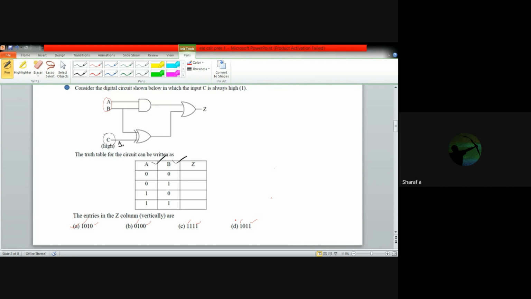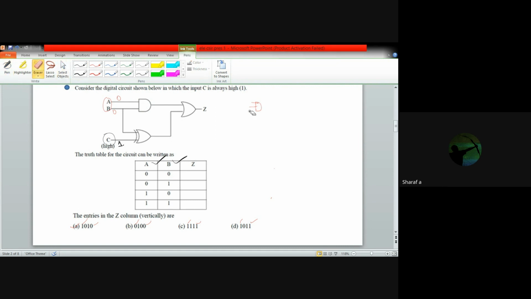I'm just saying that this is easy. Just consider 0, 0. If A and B are 0, 0, then just put 0, 0 here. This is an AND gate, which is just a product.